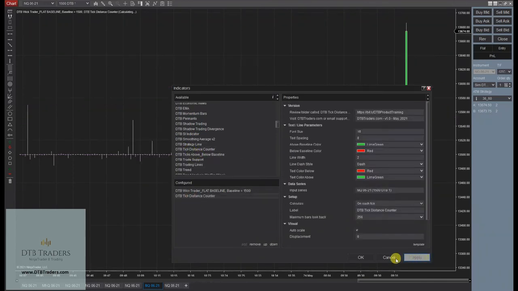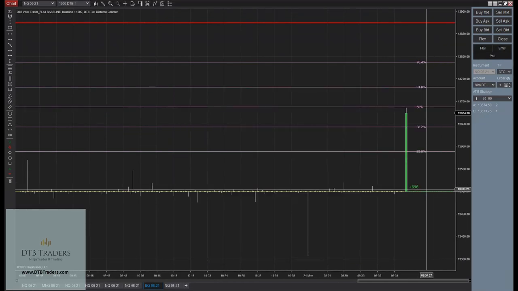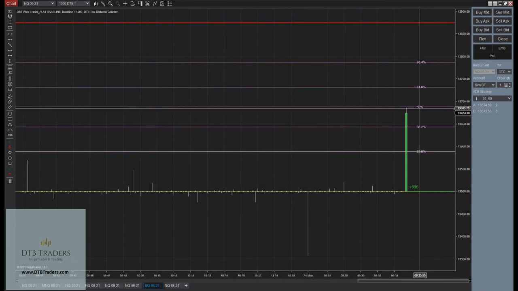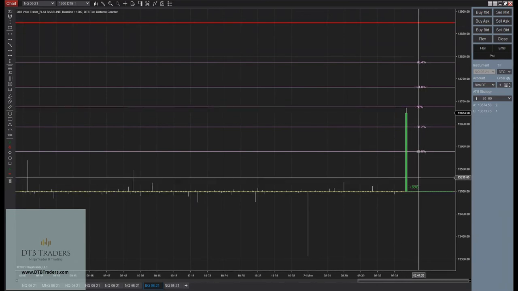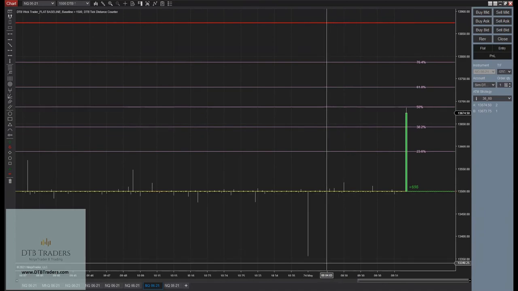So you can use either one of these to give you the value, or you can even use both. It'll give you a snapshot of what percentage the price is away from either breaking a baseline or returning to a baseline, and also the tick value that price has moved.